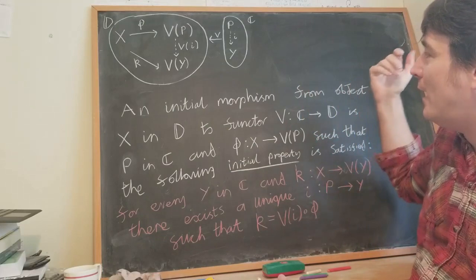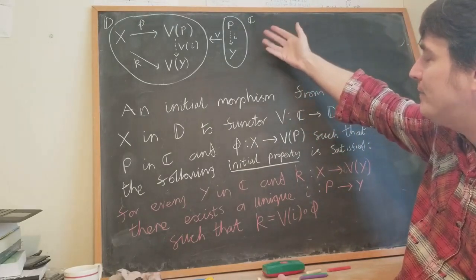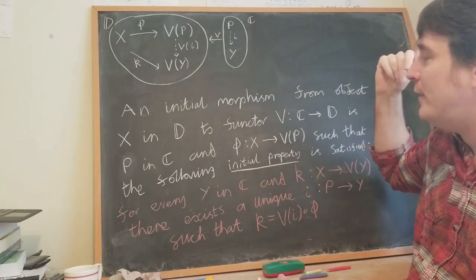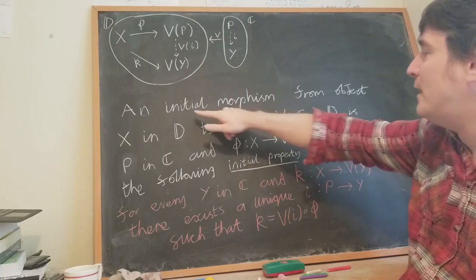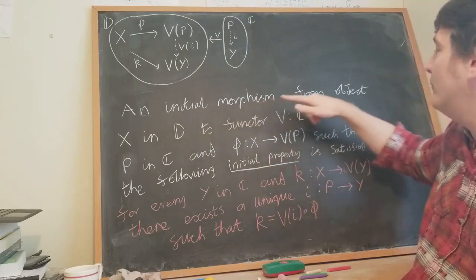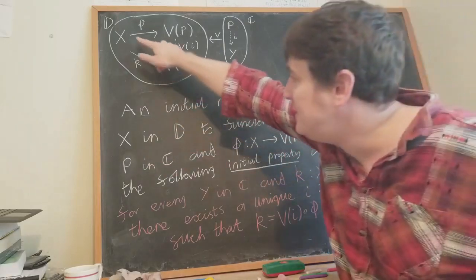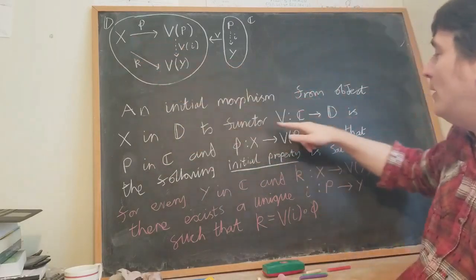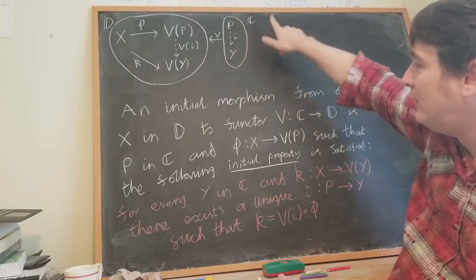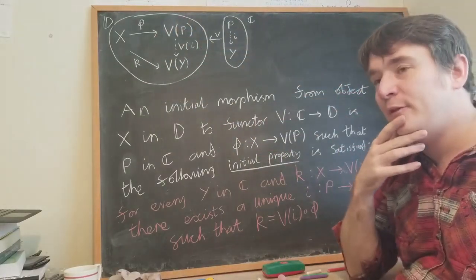Basically, the idea is that we have some category C and we have some category D. And there can be something which is called an initial morphism. We say it's an initial morphism from an object X in this category D to a functor V, a functor from this category C into this category D. So that's a bit strange, isn't it?